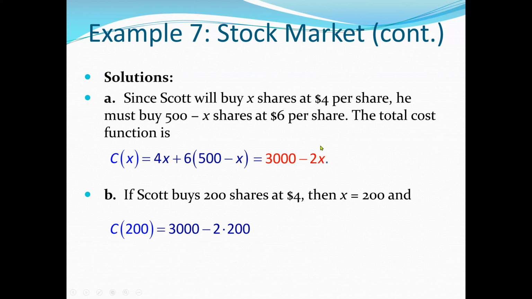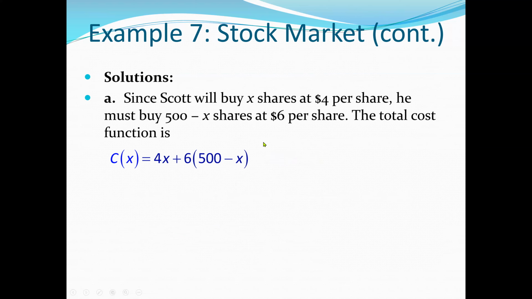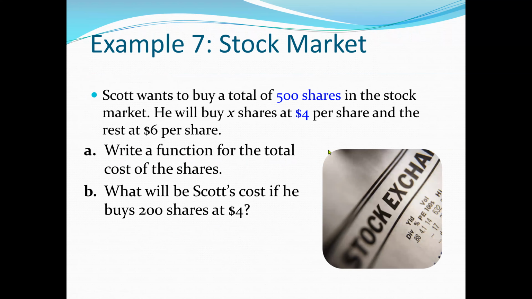So the first thing we need to find is the equation, the cost function. And the condition was given here. Here we say Scott wants to buy a total of 500 shares in the stock market. But he will buy X shares at $4 per share first, and the rest at $6.